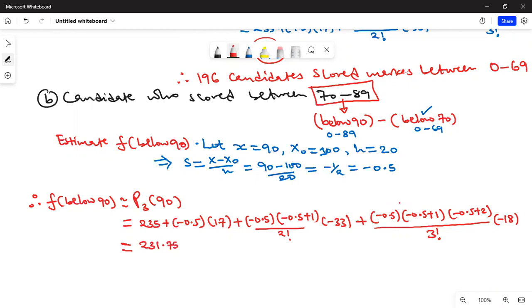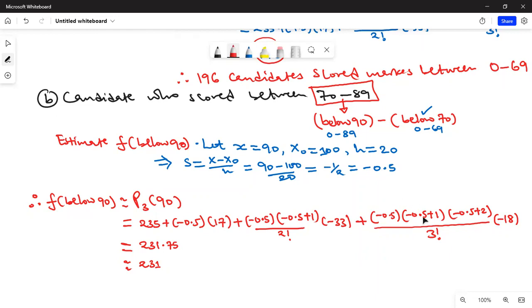Can it be a decimal, really? No. So we can approximate this as approximately equal to 231 candidates. Those are the candidates who scored marks below 90. Of course, I've just truncated. Now, if you want between 70 and 89, you subtract the two.